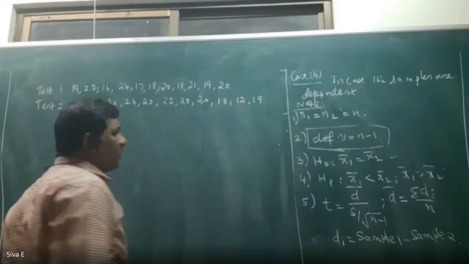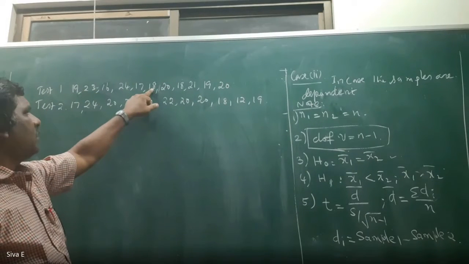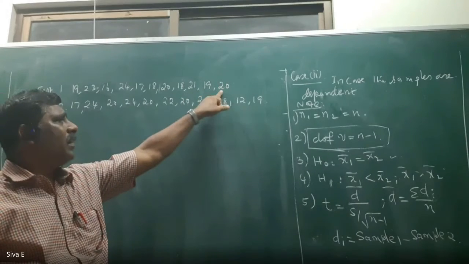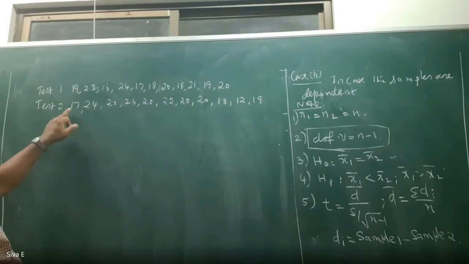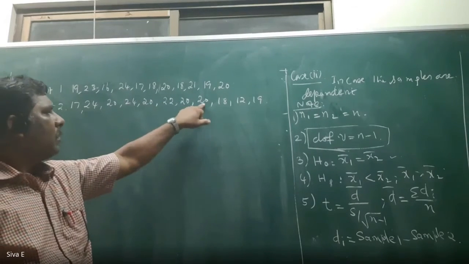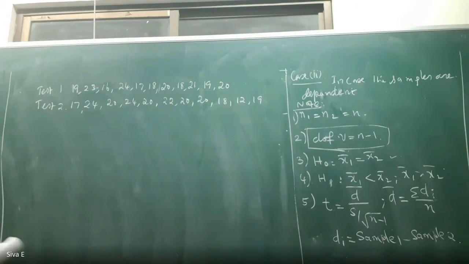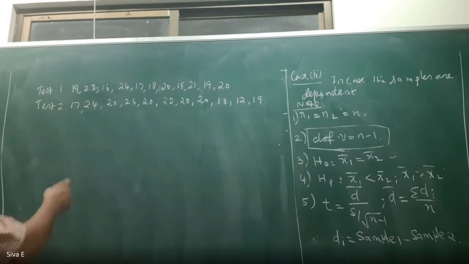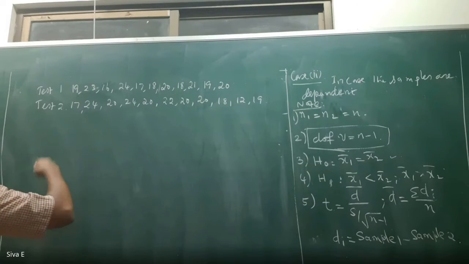See that both are equal. 1, 2, 3, 4, 5, 7, 8, 9, 10, 11. 11 students, no? Okay, fine. But when you are writing the data, I'm writing on the board very closely, that's why I'm writing like that.